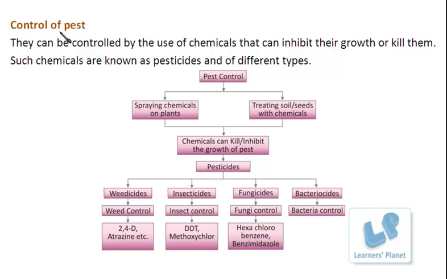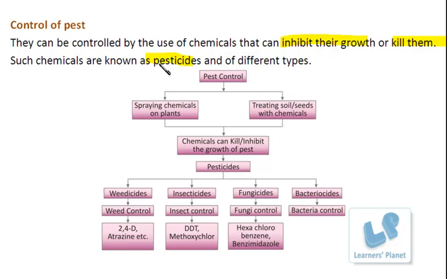Usually the pests are controlled by chemicals. These chemicals which are used for such a purpose basically inhibit the growth of the pest, or they kill them completely. So this is how the chemicals are actually acting on the pest. Now such chemicals which are used to control the growth of the pest in the fields are known as pesticides.